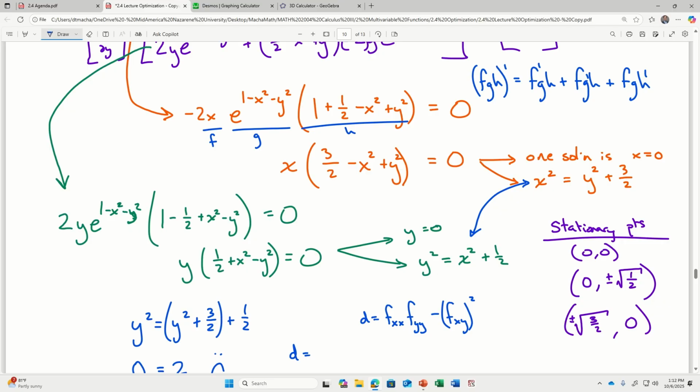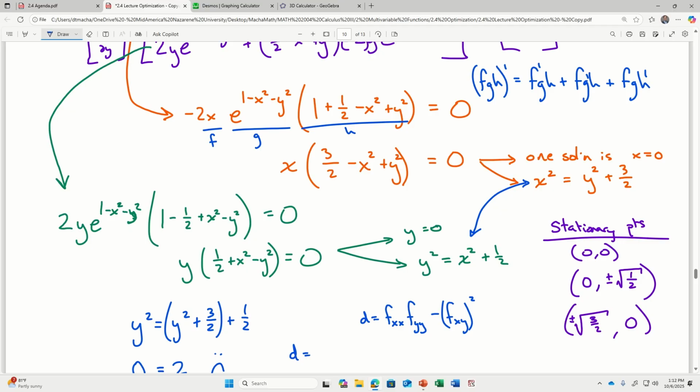I would definitely need a full sheet of paper to write down all of that stuff. And then that's just one of those, right? That would be just the second partial with respect to x. If I was taking the derivative of these with respect to x, I need to do the partial with respect to x of that stuff I just underlined in blue.